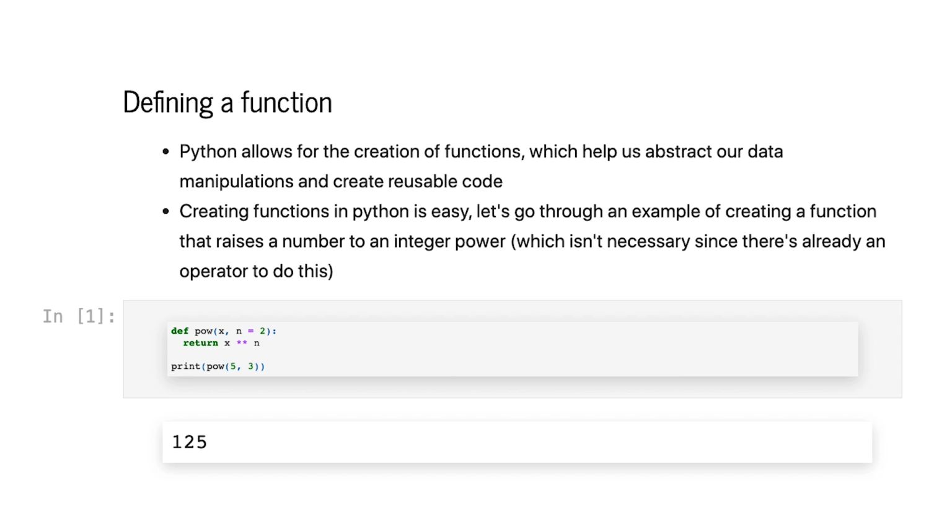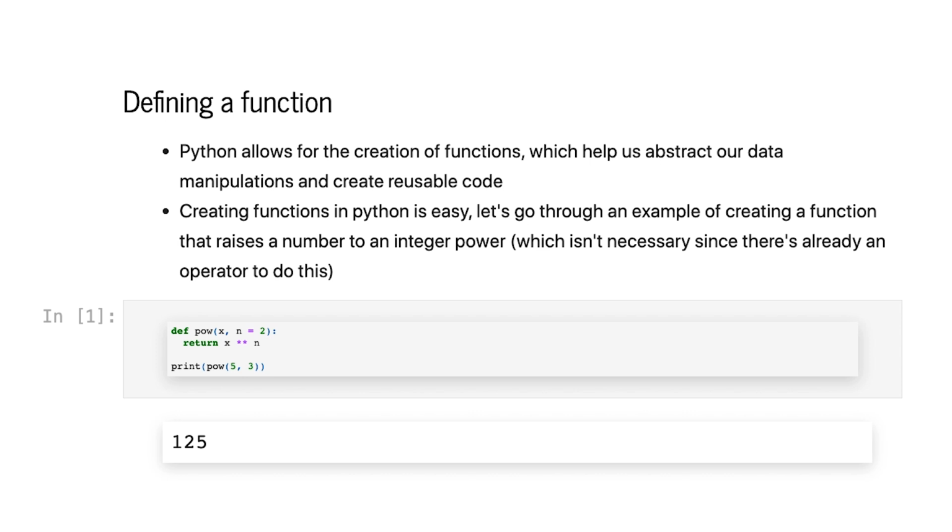So in this case, the return is indented. And then we just simply say return x to the double asterisk power n. So now I could say pow, my function that I defined, 5, the first argument, so it's going to replace x with 5, and then 3, and it will return 125.